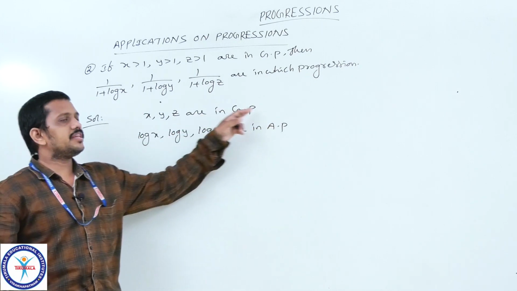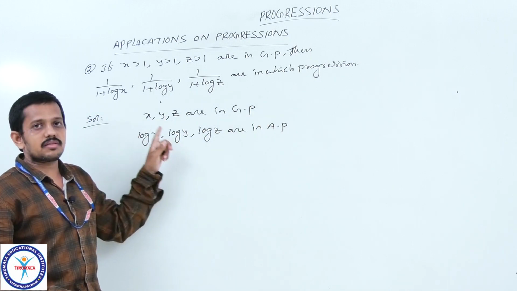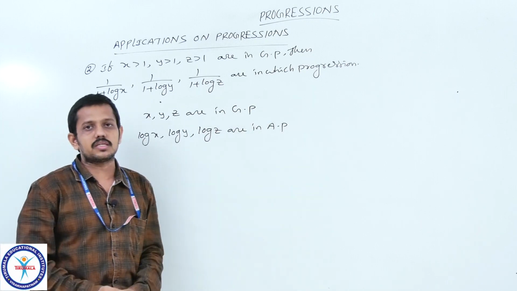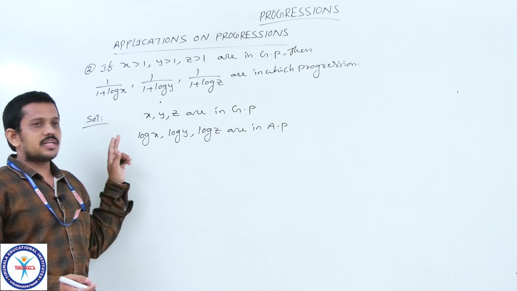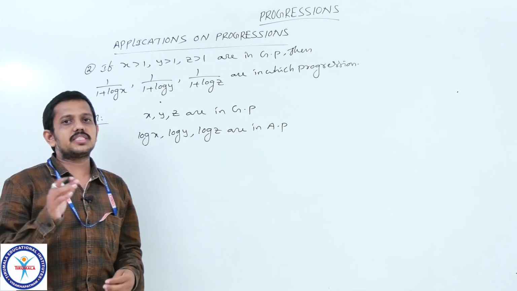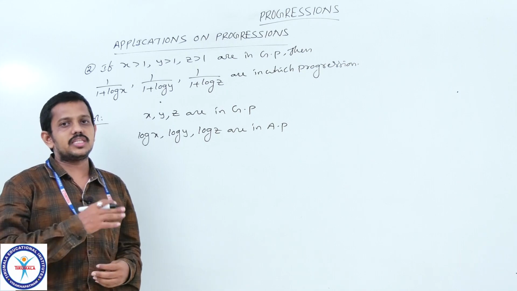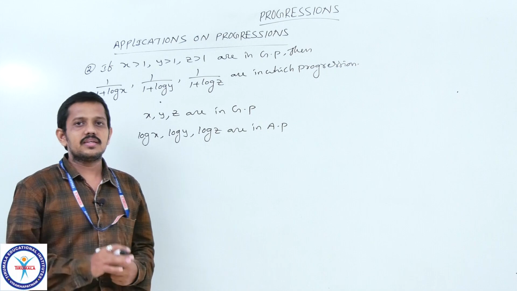If x, y, z are in geometric progression, then their logarithmic values log x, log y, log z are in arithmetic progression. Now we can add a constant value 1 to each term of this AP. If a constant or fixed number is added to each term of a given AP, then the resulting sequence is again in AP.